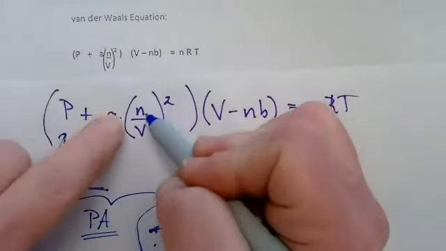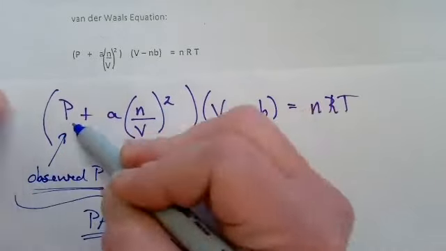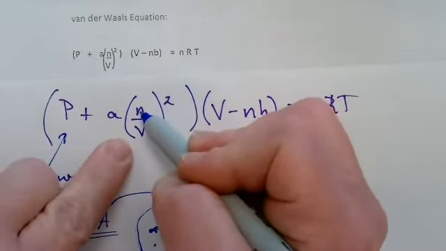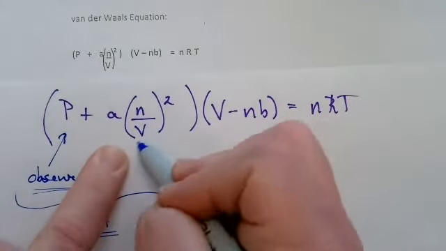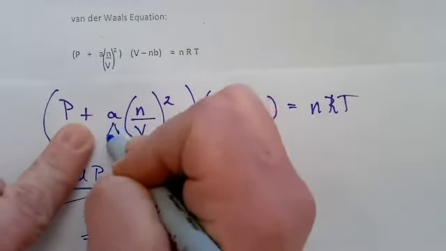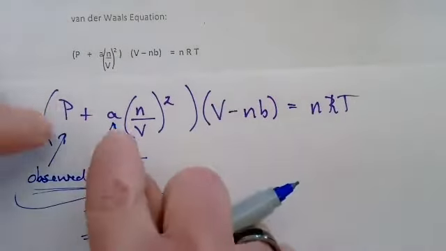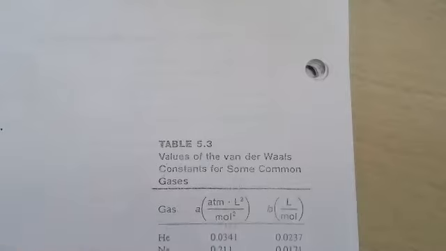Now, we know n is moles, so it depends on the factor, how many we have, that's going to impact the attraction and the holding back. How much space are they moving in, but also this factor a. Now, a and this letter b are dependent upon the material.